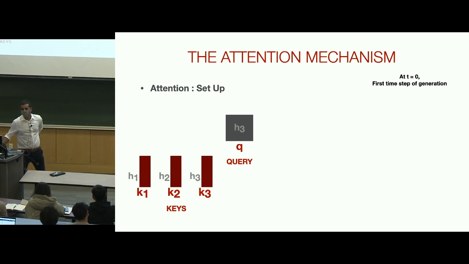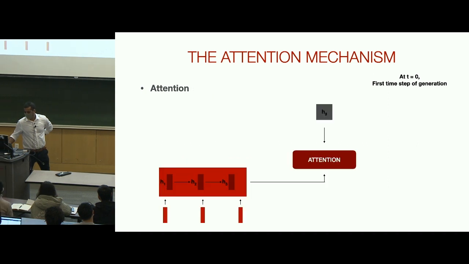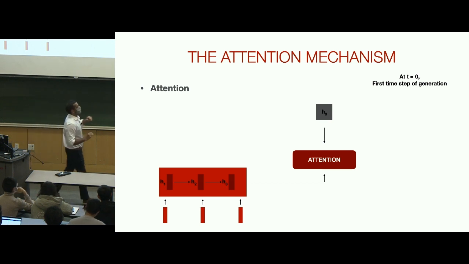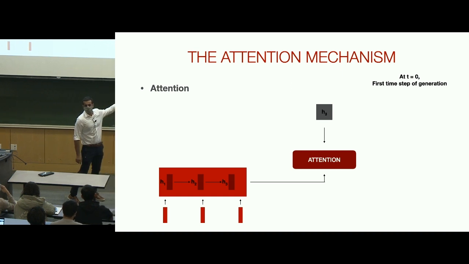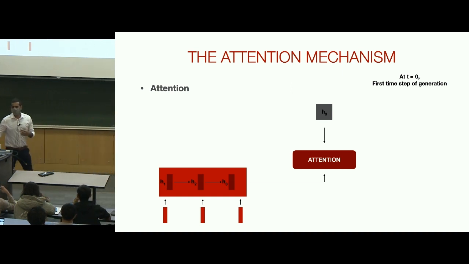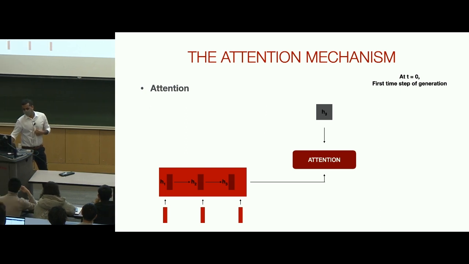Could you explain that again? Which part? The key and query. Okay. So it's exactly from this diagram. Is this making sense? This is the input going into the encoder. The hidden states of the encoder are a higher level representation of the input.